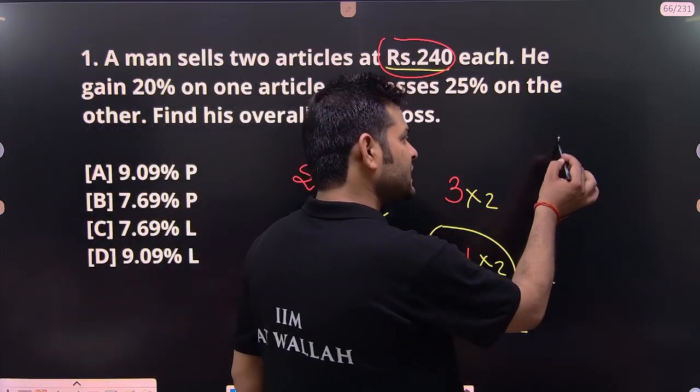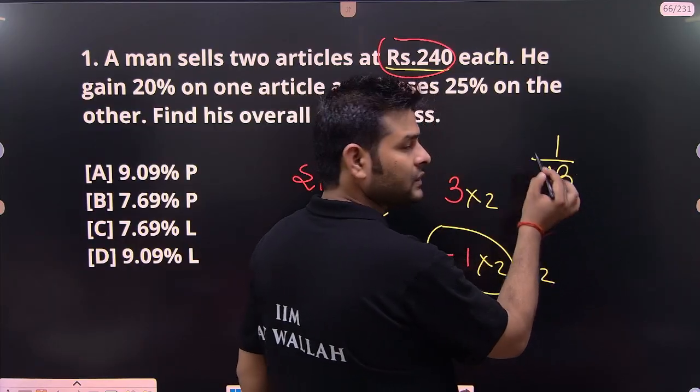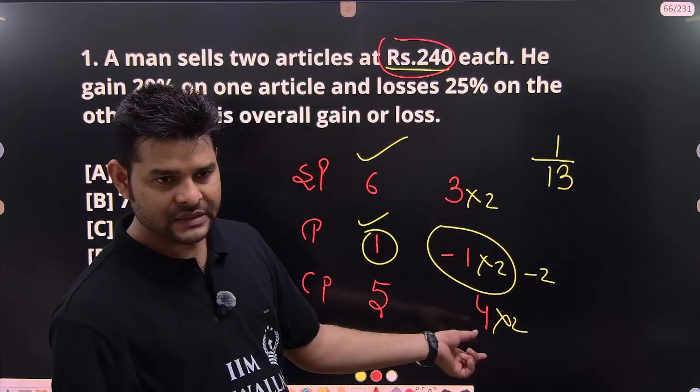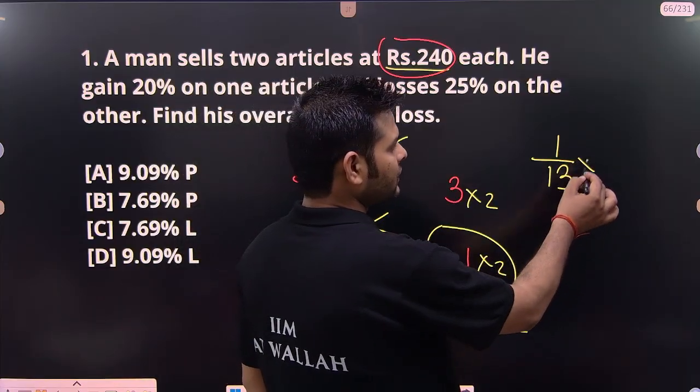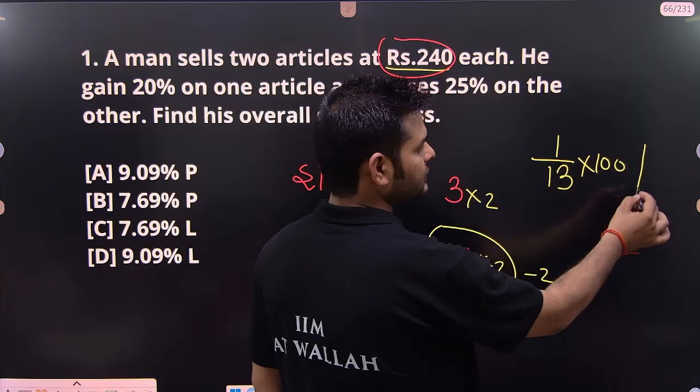So basically 1 is lost on 13. 13 means 5 plus 8. So what would be on 100?